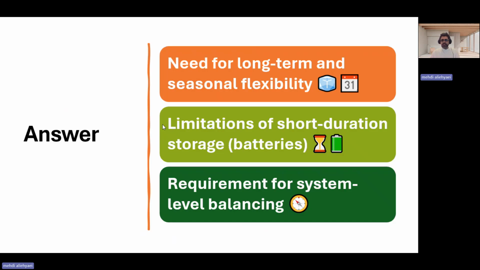But they are not designed to store energy for long periods of time. And also with H2 it is possible to store large amounts of energy and use it later over weeks and seasons. For this reason, H2 plays an important role alongside batteries in supporting reliable and highly renewable power systems.